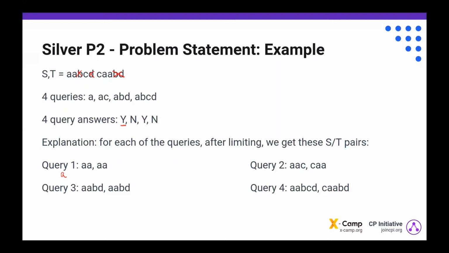We compare these two. They are not equal, so it becomes N. Similarly, you can try it yourself: for query 3 it becomes ABD and ABD, so this is a yes. Query 4 keeps everything because ABCD, and you can see they're not equal, so the answer is no.